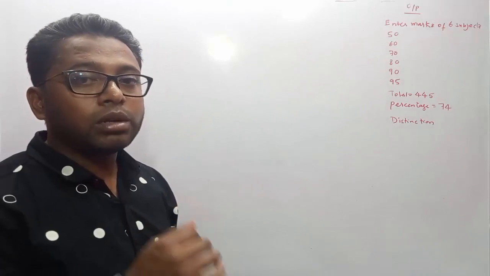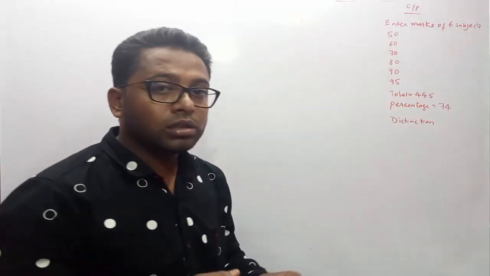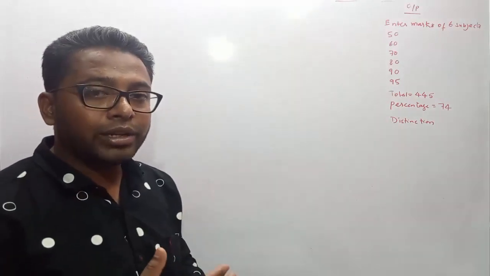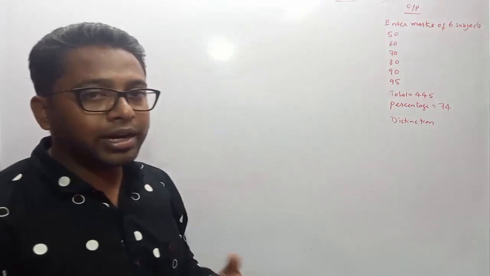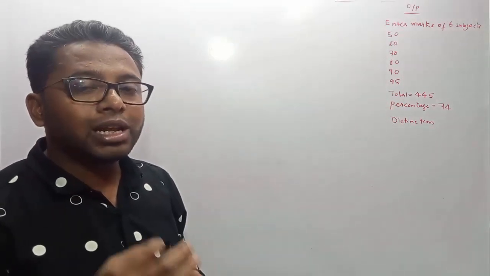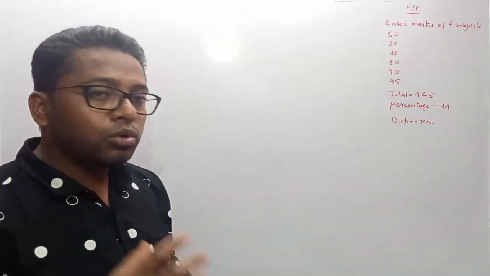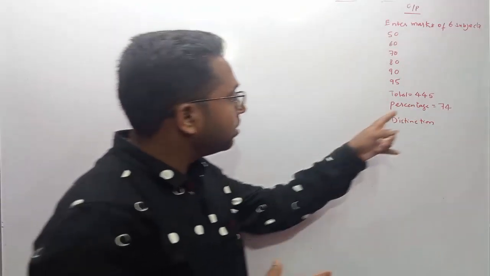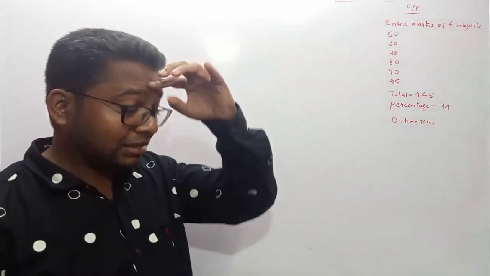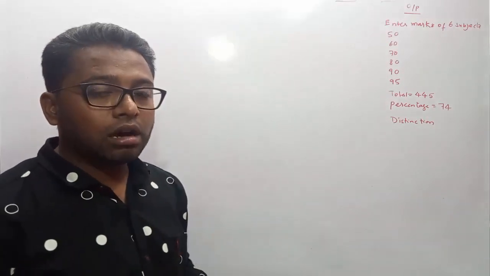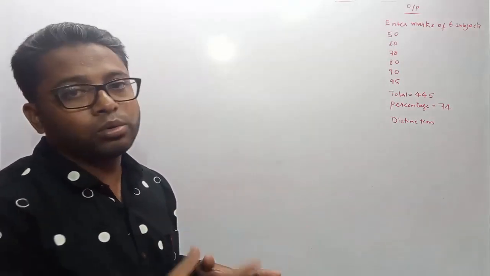And what other variables do we require? We require a total variable, because we are calculating the total and we need a variable which will hold the value of total, and one more variable to hold the percentage value. So these are the set of variables which we need to create in our program.